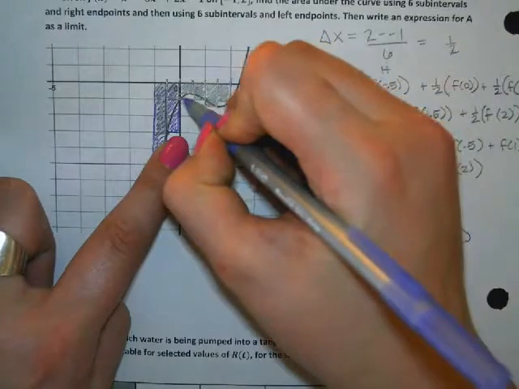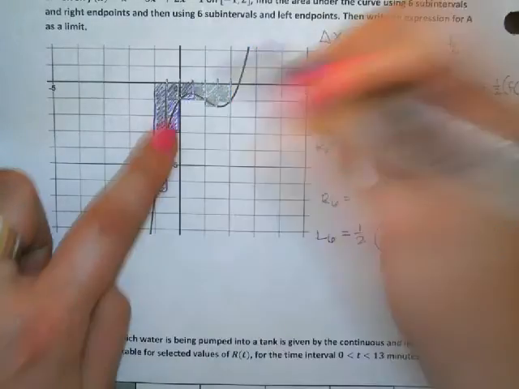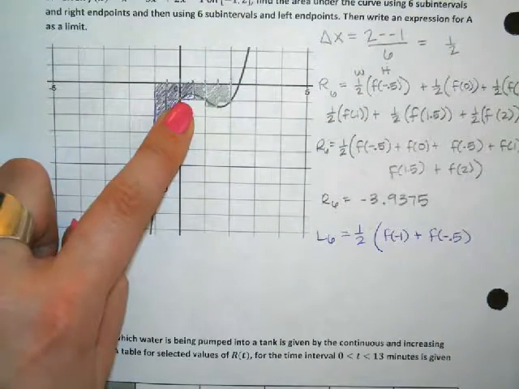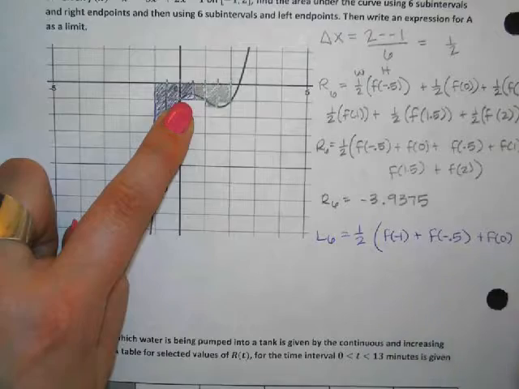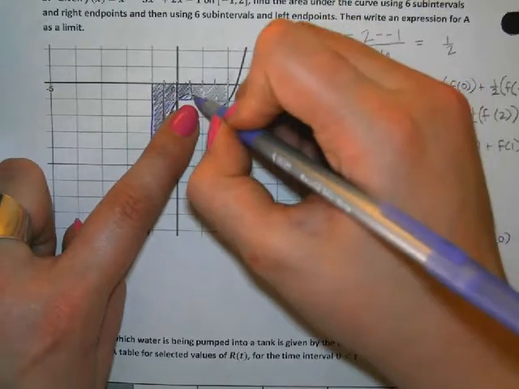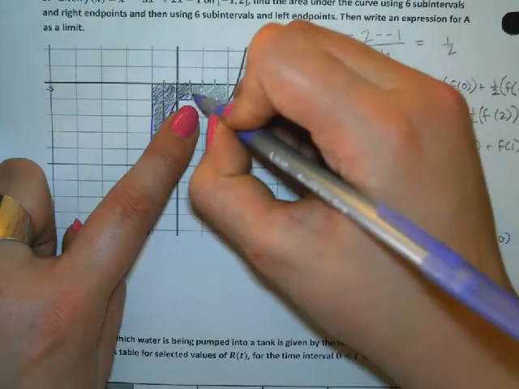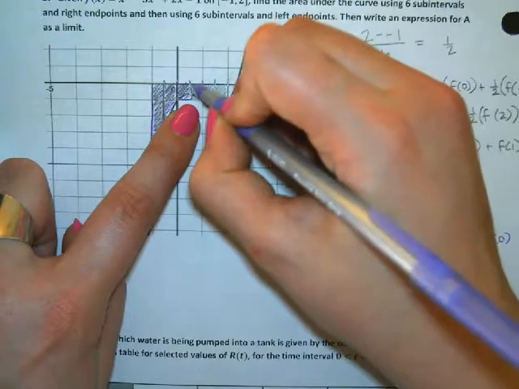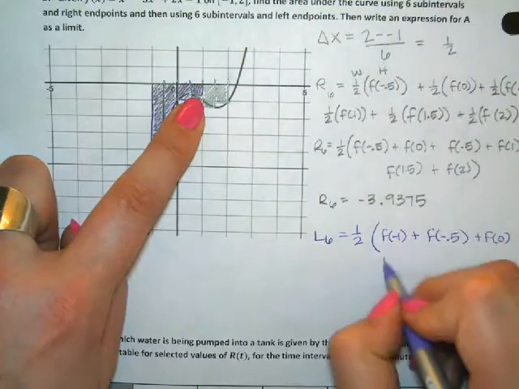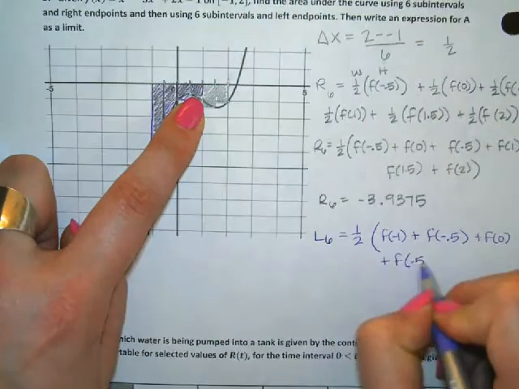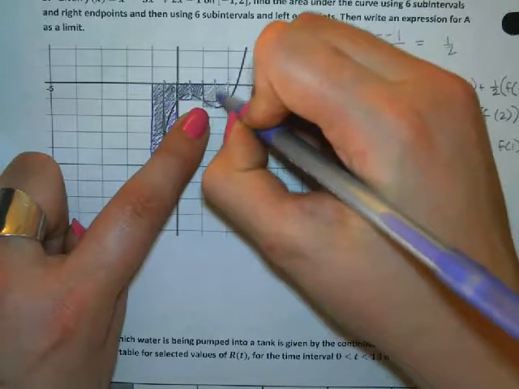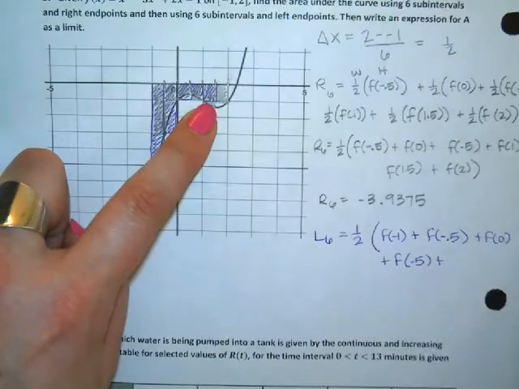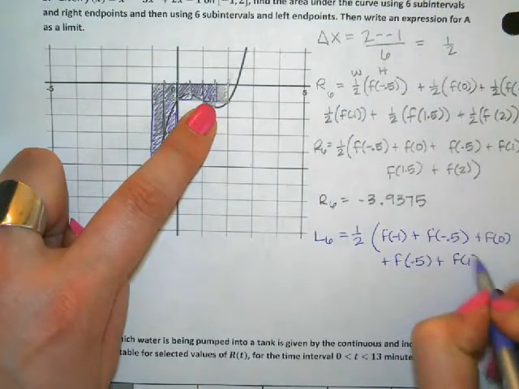The next one is going to be the f of 0. The next one is going to be the f of 0.5. Do you guys see how similar this is to what we just plugged in? But here's the nice thing. That means you're not going to have to really plug it in again.